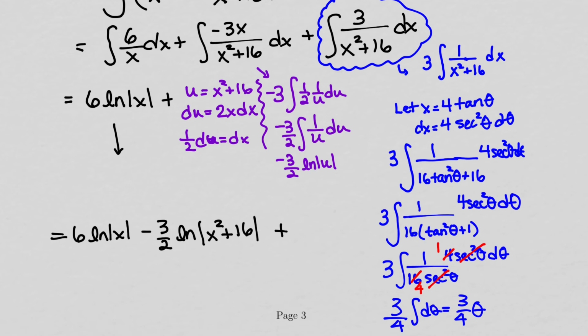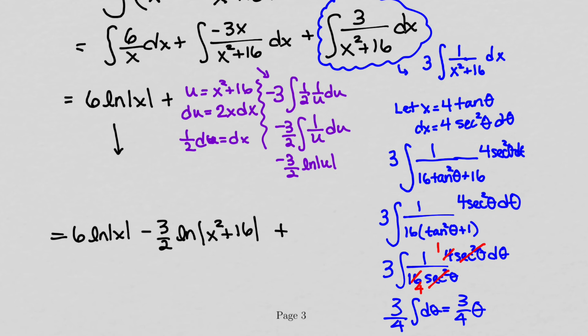If you do your trig substitution, remember, you replace the dx with the derivative, you replace the x with 4 tan theta, giving you x squared, or 16 tan squared. We pulled out the 16, and remember, we used the identity to convert it. Remember last Friday, we took a trig identity, and we converted it down. This guy's really nice because everything cancels and brings me down to the simple integral 3/4 of theta.